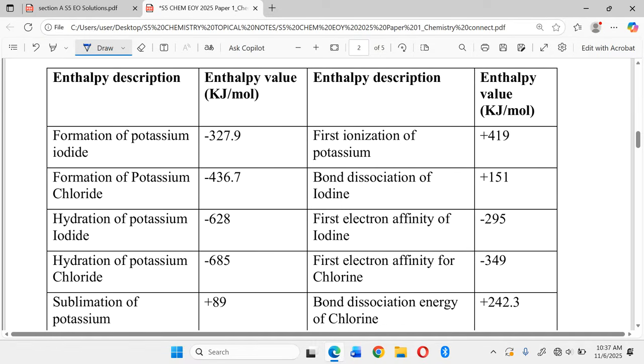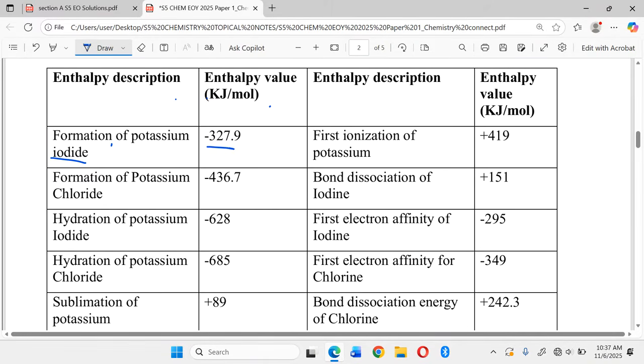So in this table we have 4 columns, where we have the enthalpy description, enthalpy value, enthalpy description, and also enthalpy value. So we have the 2 columns. In the first column, enthalpy description, you have formation of potassium iodide.